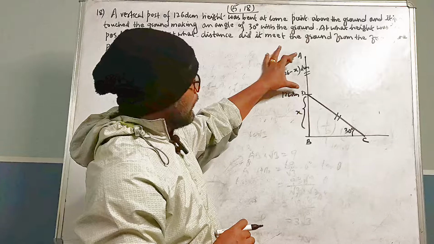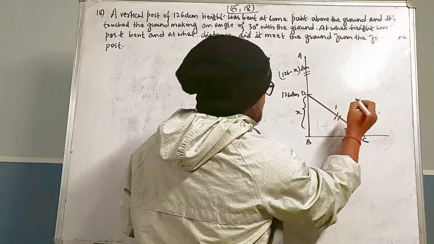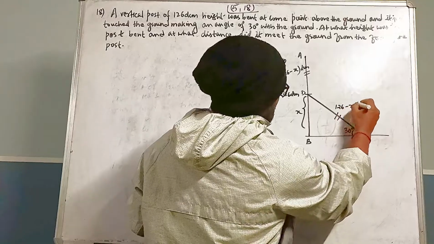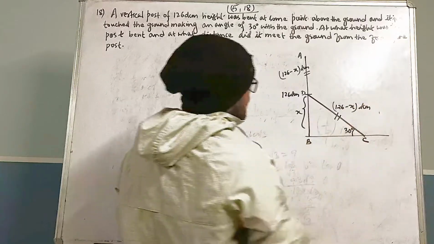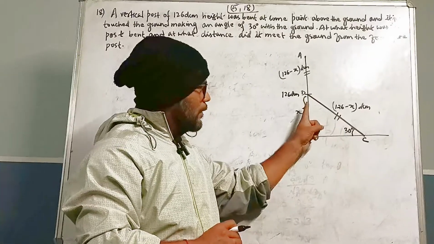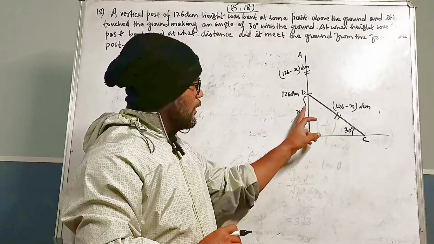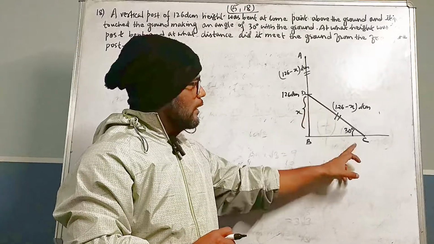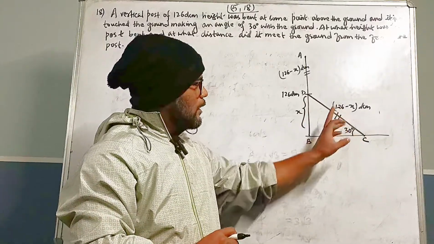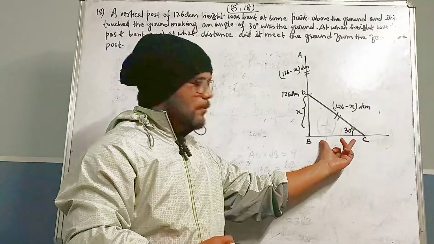So if the value of AD is 126 minus x, then the value of CD will also become 126 minus x decimeter. So we have to solve the question from this triangle. From this triangle we have the value of DB as x, CD as 126 minus x, and we are supposed to find the value of BC.